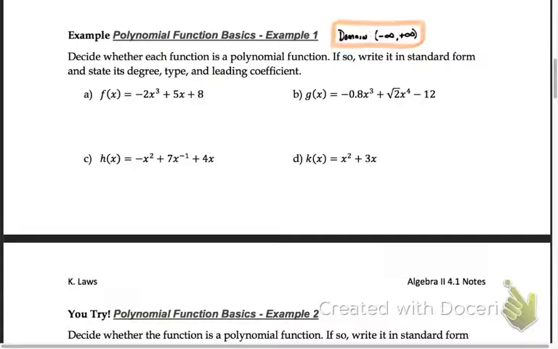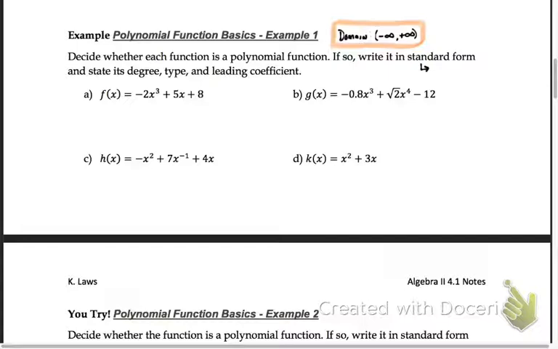So with any of these, whenever we write any sort of polynomial in standard form, I'm just going to take each one. First off, let's go with a polynomial function.